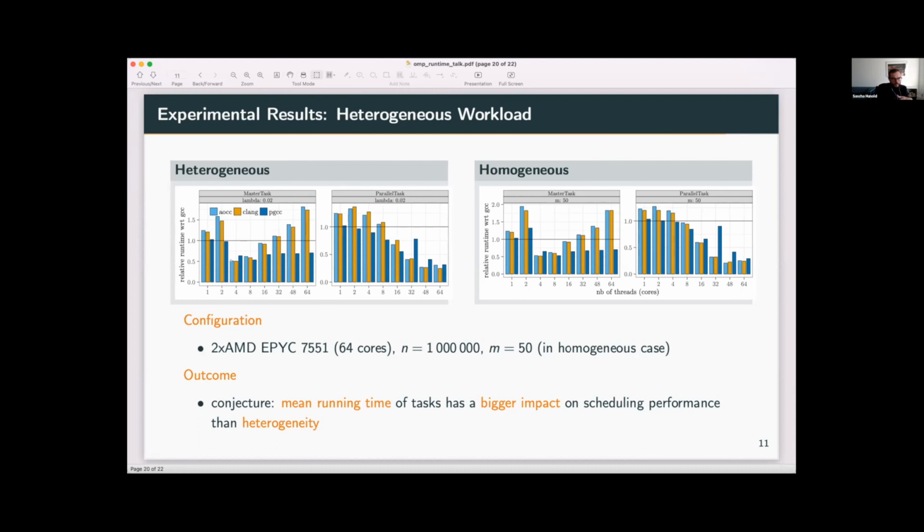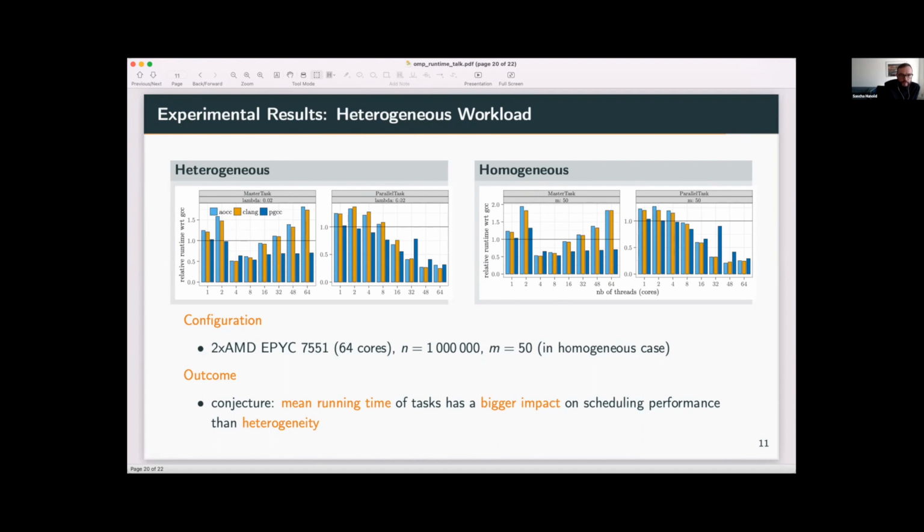But interestingly, we did all this and we couldn't really find a lot. But we found that the heterogeneity wasn't the biggest factor here. We compared the results. This lambda distribution here with 0.02 has a mean of 50, and it's a heterogeneous workload.